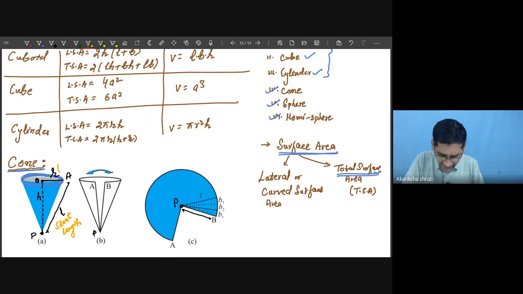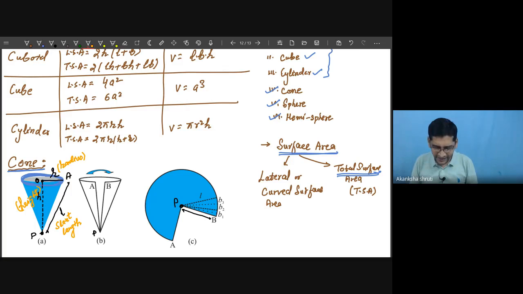This R is the radius of the cone, like the radius of a cylinder, and H is the height. So keep in mind, students, height is always perpendicular from the base and slant length is inclined.